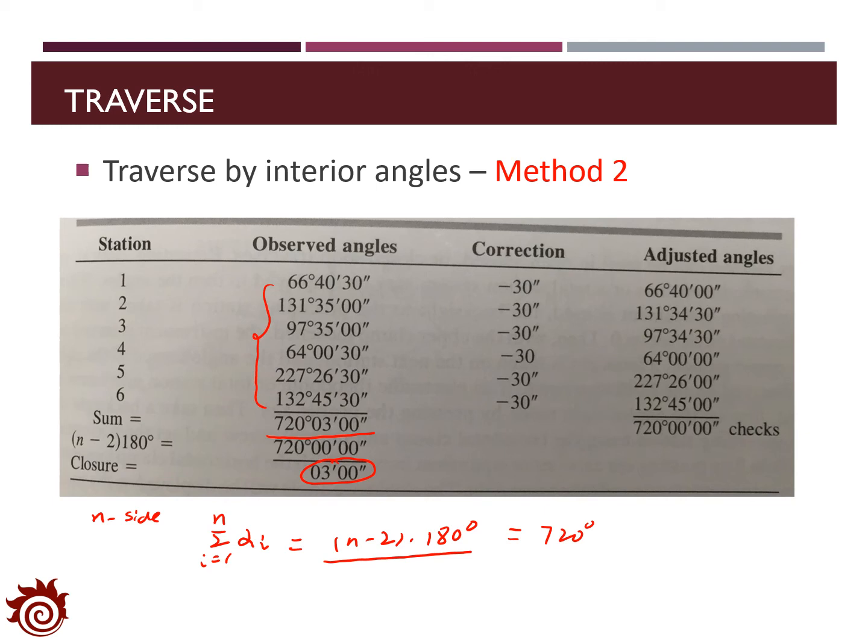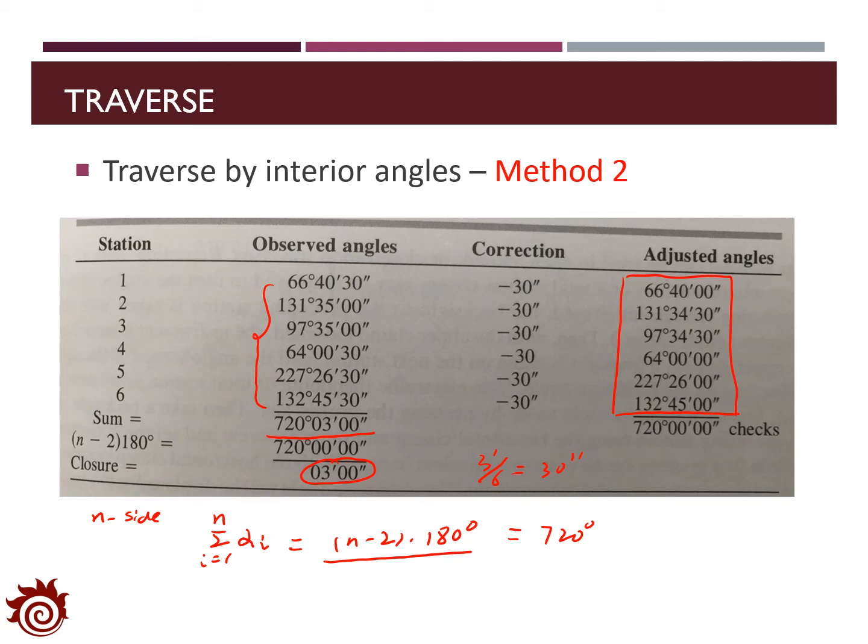In this case, we have 6 angles and the total closure error is 3 minutes, which means the correction applied for each angle should be 3 minutes over 6, that is 30 seconds. And then by introducing the correction, you can find out the adjusted angle for all the points in the polygon.